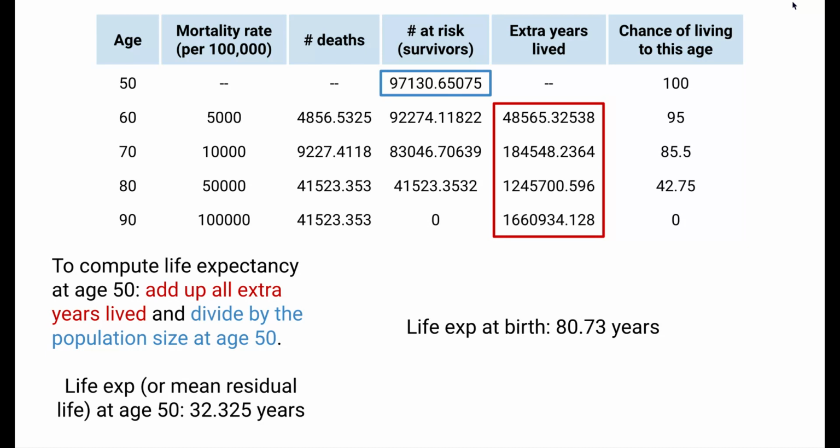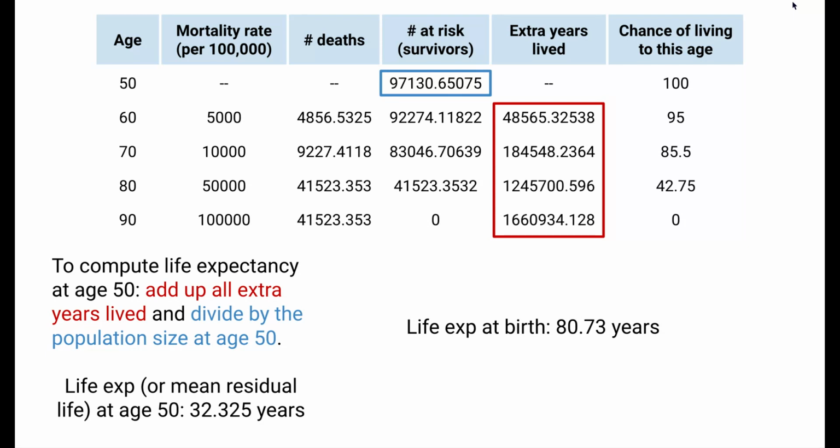We add up all of the extra years lived past age 50, and we divide by the initial population of 50-year-olds. This gives us a mean residual life of 32.325 years. We can interpret this as, once you are 50 years old, you can expect to live an extra 32.325 years on average.